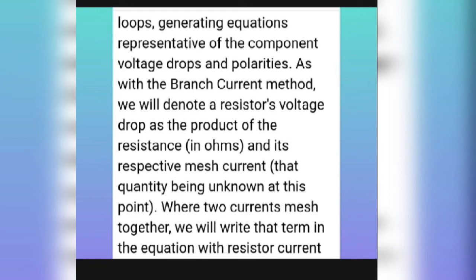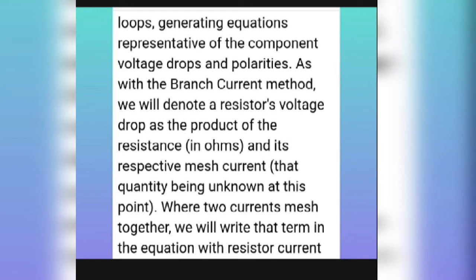As with the branch current method, we will denote a resistor's voltage drop as the product of its resistance in ohms and its respective mesh current, that quantity being unknown at this point.